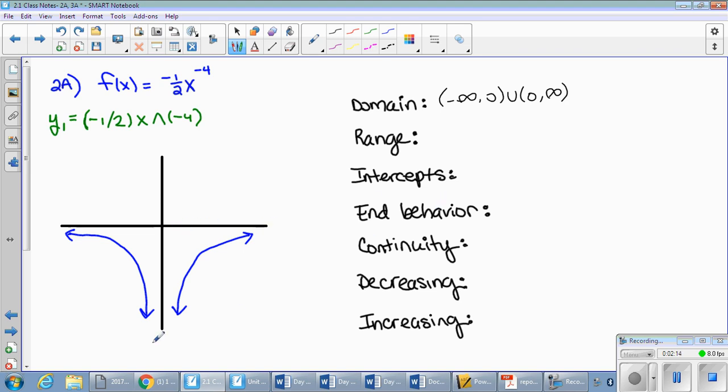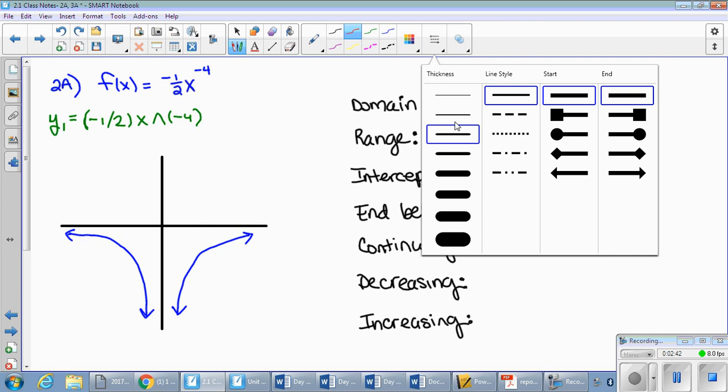Okay? Range, let's start from our smallest y values. We have a graph, have a graph, yes, and stop. So once we get to 0, the graph never touches 0, and then above 0, no graph, which means my range is negative infinity to 0, both parentheses. Intercepts.